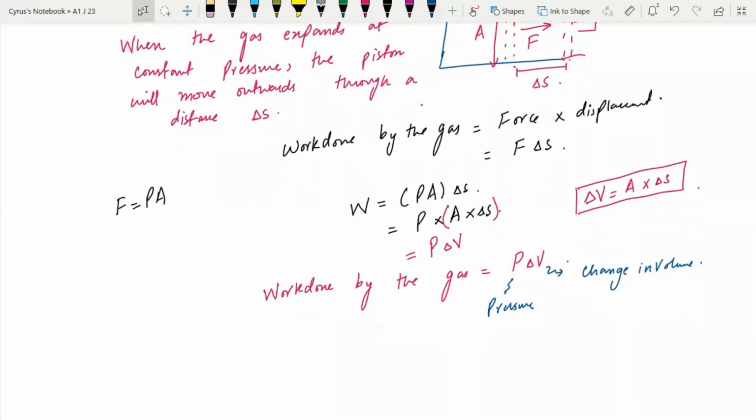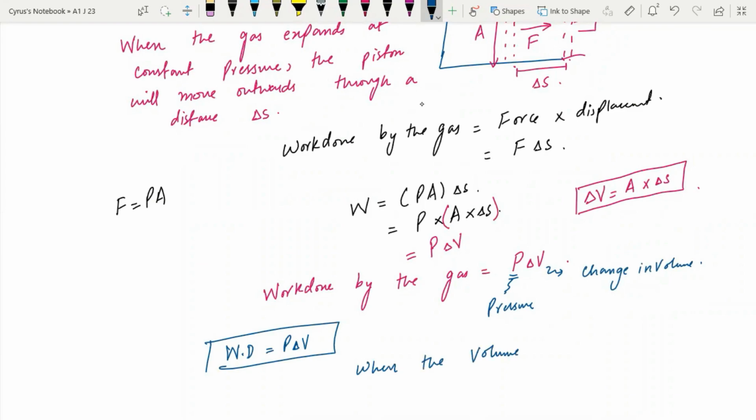And you have to keep in mind that P here is constant pressure. Your work done is equal to P into delta V. This is the work done by the gas when the volume of the gas changes at constant pressure.